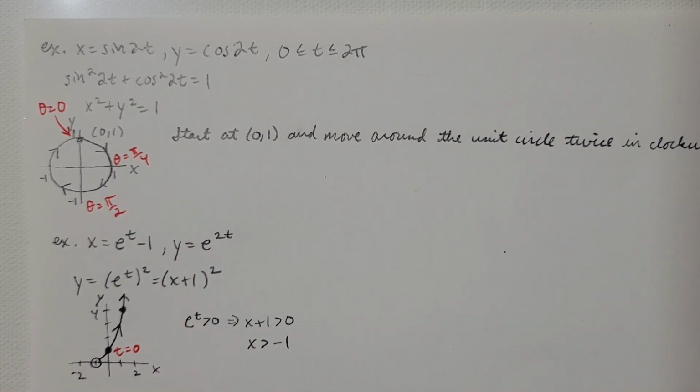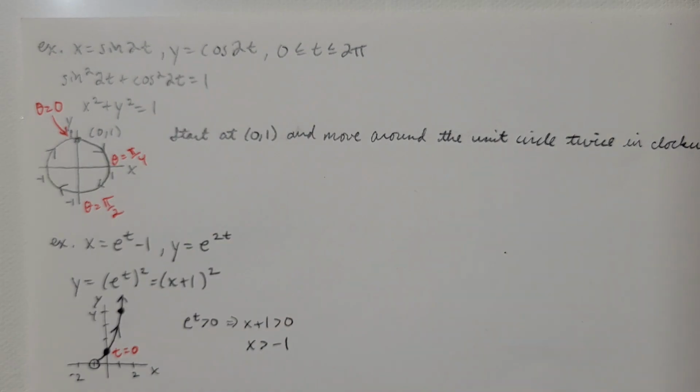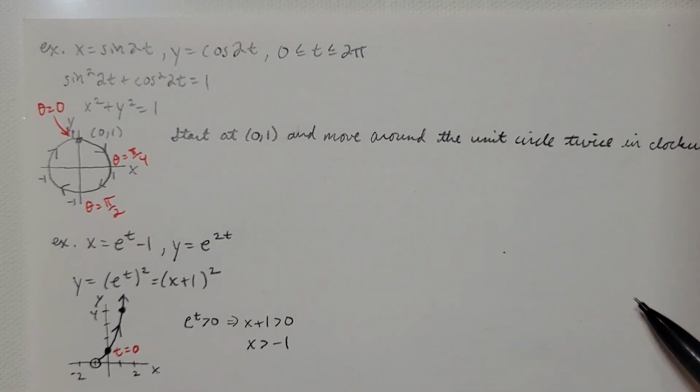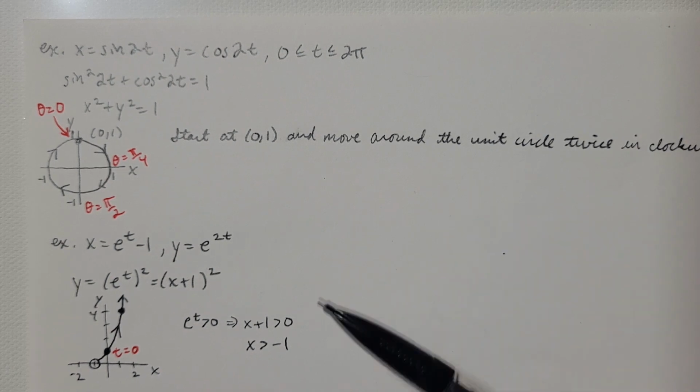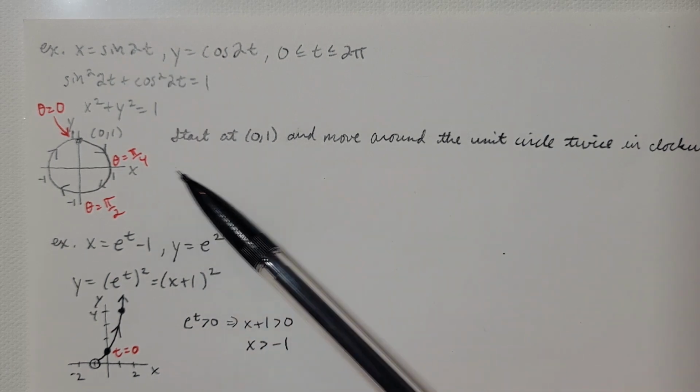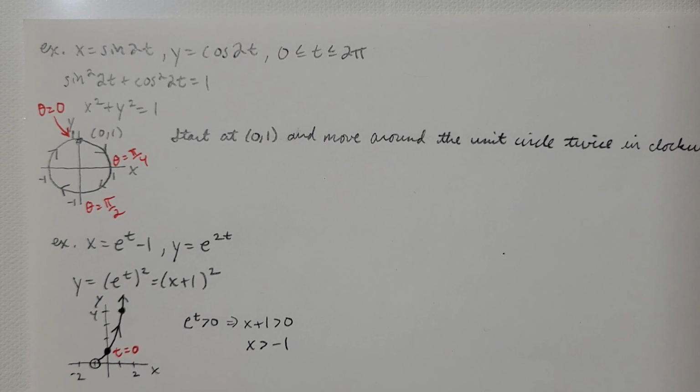Now remember that when you're graphing a parametric equation, you always have to indicate how you drew it out, with arrows. That's going to be on every single one of these problems. So I'm starting at 0. If t is 0, sine of 0 is 0, cosine of 0 is 1.